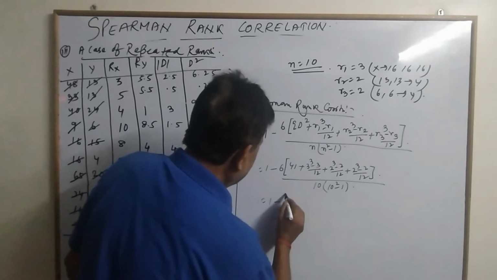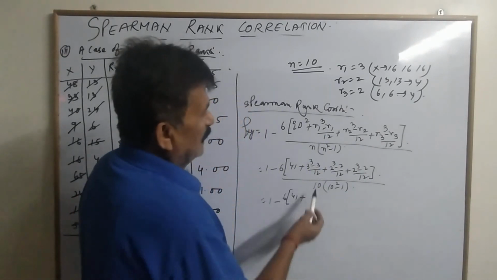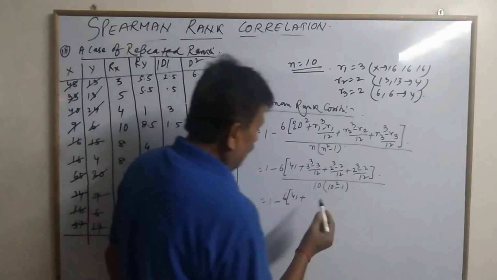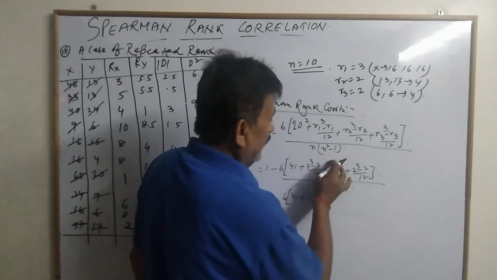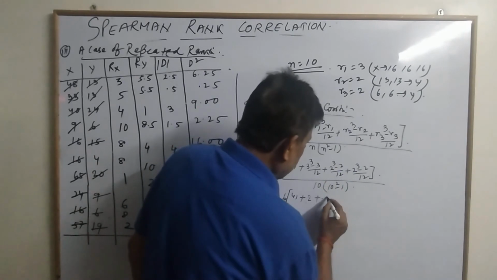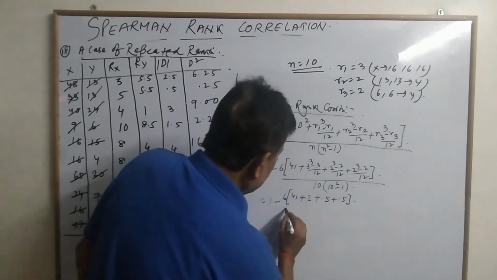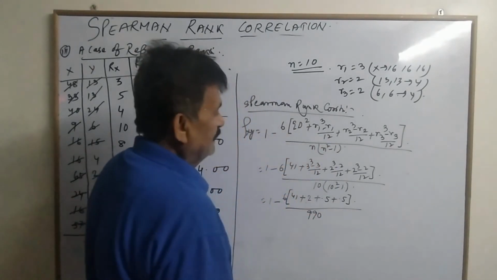Cube of 3 is 27 minus 3, that is 24 divided by 12, so this is 2. And cube of 2 is 8 minus 2, 6 by 12, 1 by 2. So this is 0.5 and this is also 0.5. And divided by 9, 90.